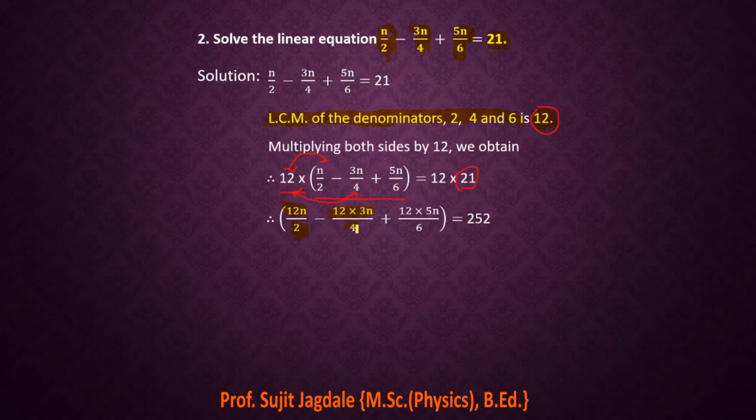But here 12 into 3n upon 4 plus the next multiplication is 12 into 5n upon 6. So that is the third term. And on the right hand side 12 into 21, that is going to be 252.